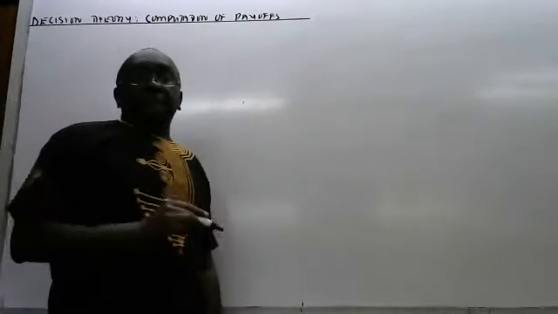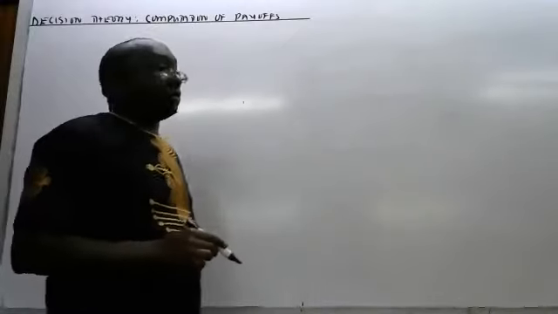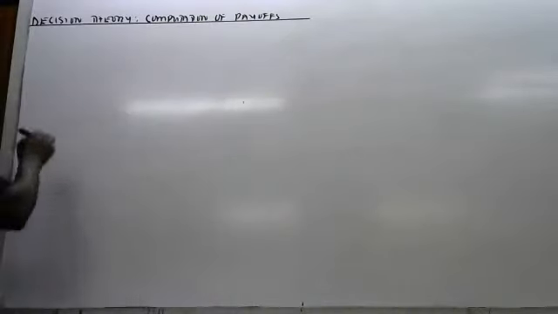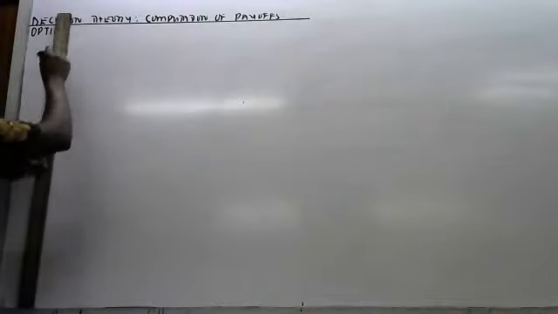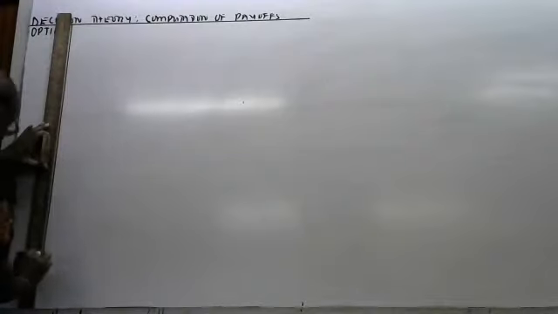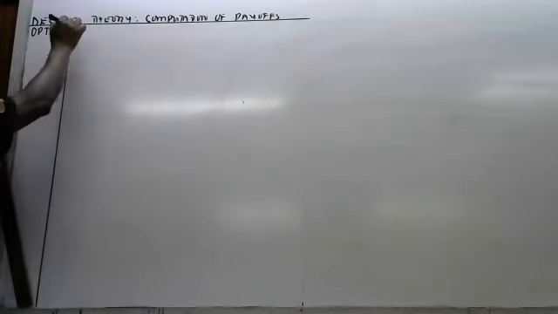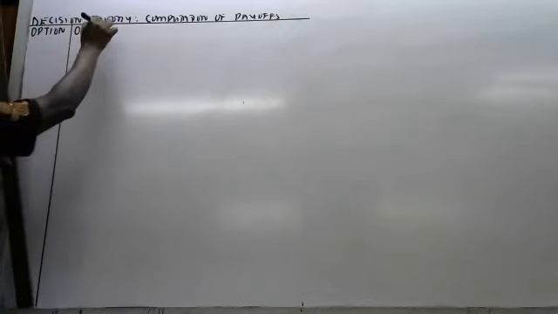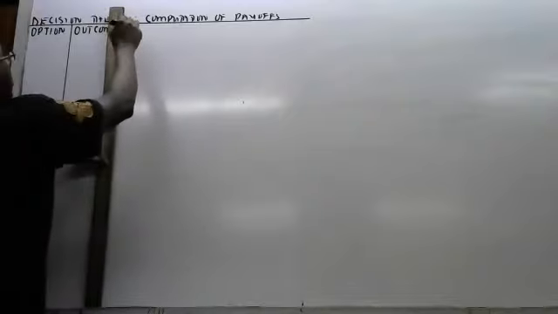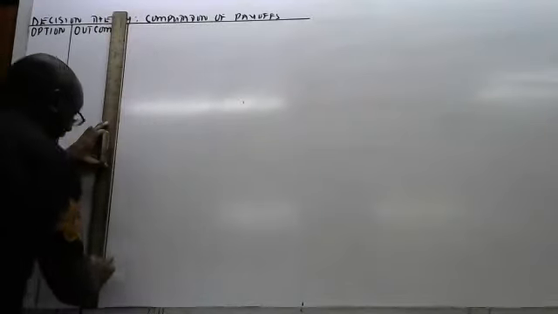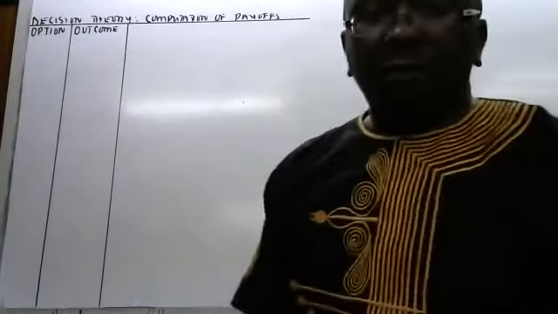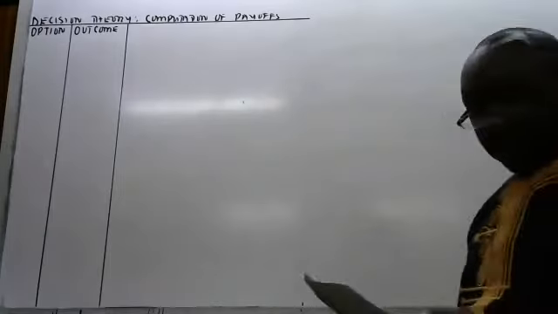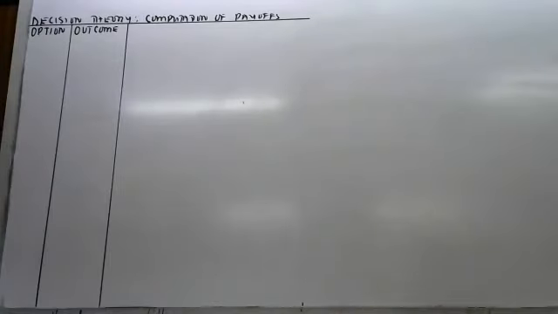So in computing the payoffs, you know so well, we begin with the option here. Then we get the outcome here. Then we write the formula of computing the payoff.